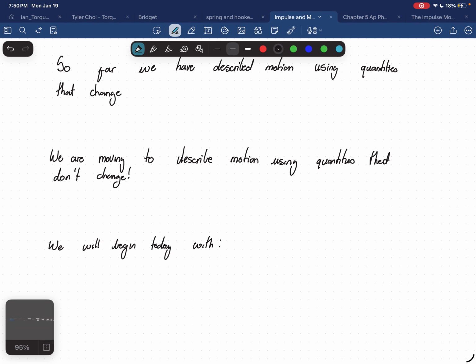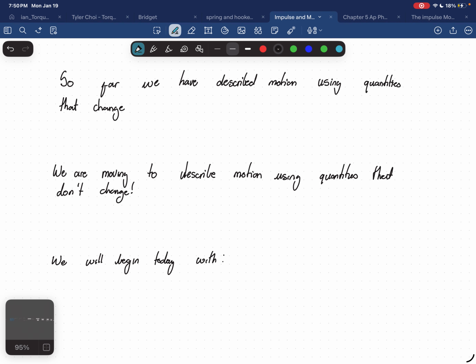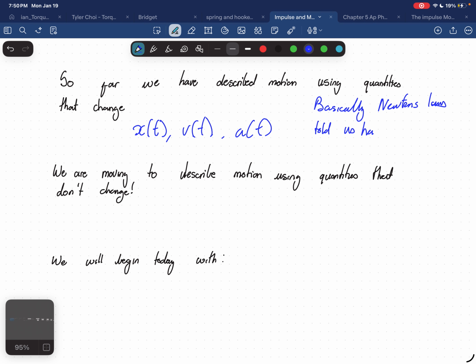All right. So far we have described motion using quantities that change. We've described motion using position, velocity, and acceleration. And basically, Newton's laws told us how these quantities change.